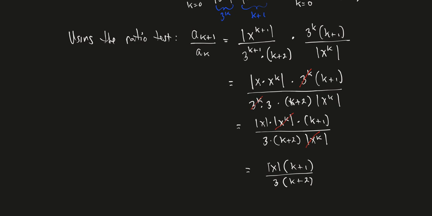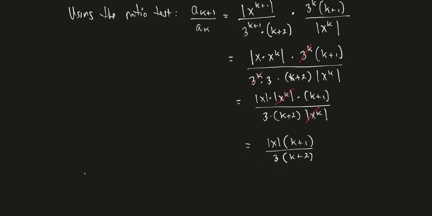Right? Now remember what the ratio test says. We now have to compute our r. So let's compute the r for this. So it's the limit as k goes to infinity of this expression. And I'm going to write this intentionally in this way. So we're letting k go to infinity.